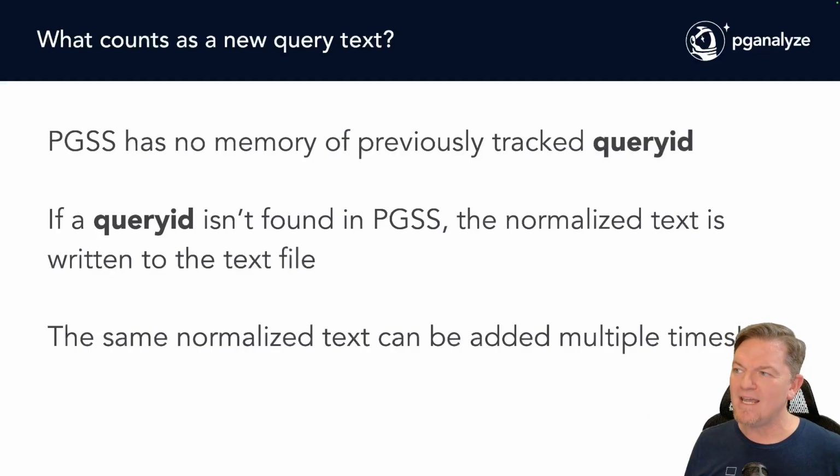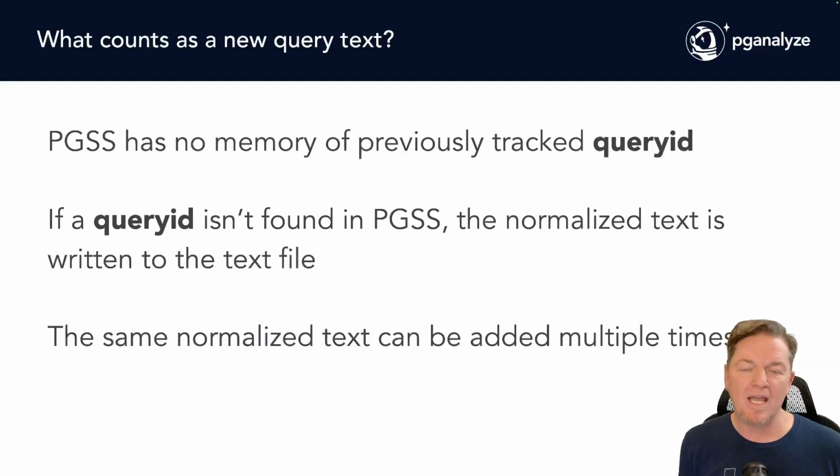pg_stat_statements has no memory of previously tracked query IDs. So going back yet again to that max value, if I had 5,000 max statements and I've had that many unique entries inside of pg_stat_statements, and some are evicted to make room for new queries. If I later run a query that used to be in pg_stat_statements, it doesn't know that.